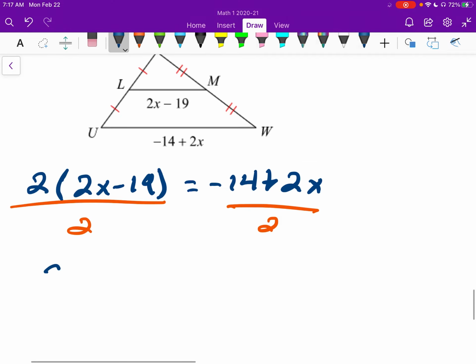So on the left here, I'll have 2x minus 19 gives me negative 7 plus x. Now, subtracting my x to the left gives me a single x over here. Adding my 19 over will give me negative 7 plus 19, that gives me 12.